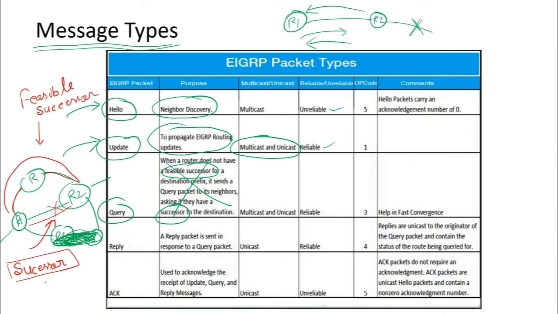So the best path is the successor and the alternate or secondary path is the feasible successor. Whenever the successor is down, the main path is down, and by chance our feasible successor is also down. The best path was broken, so the traffic was traveling through the alternate path, the feasible successor, but for some reason it is also down.